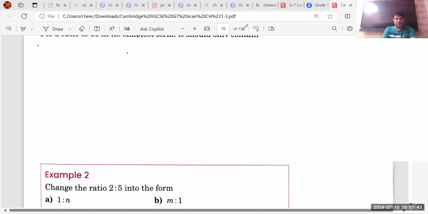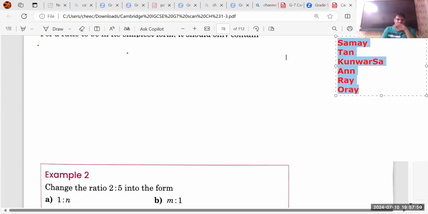Correct, Samay. So Ray and Anvi answers are correct, but write in the ratio form for your exam.